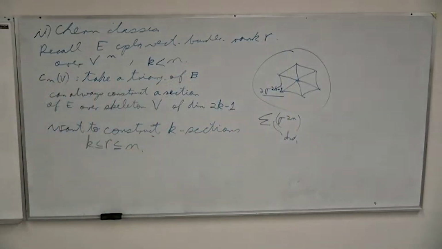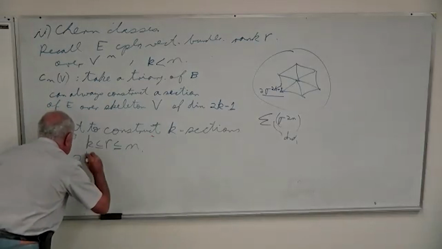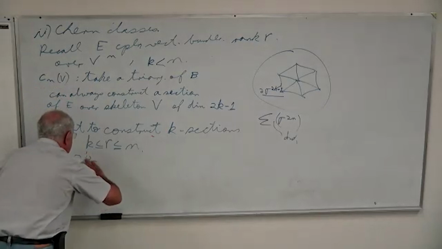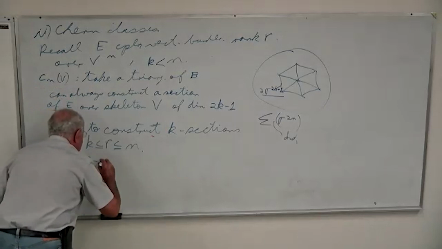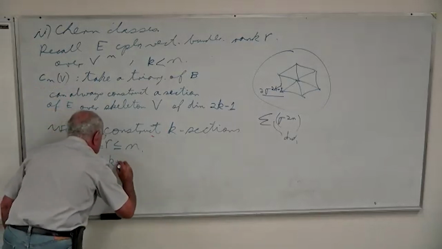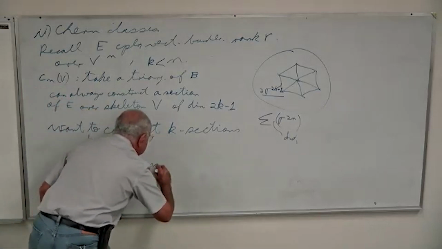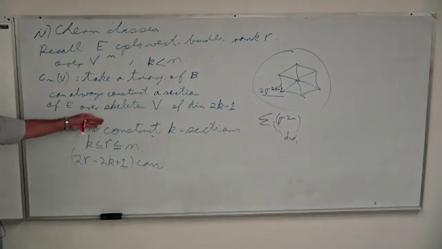Then it's easy to see just by homotopy theory that you can do it up to the skeleton of dimension 2R minus 2k plus 1. So you can do it, we always can construct these many sections.